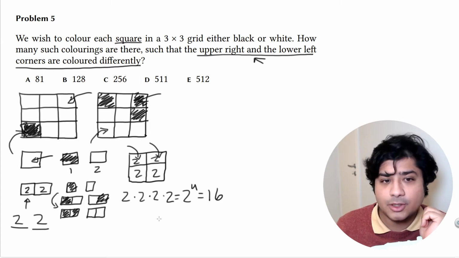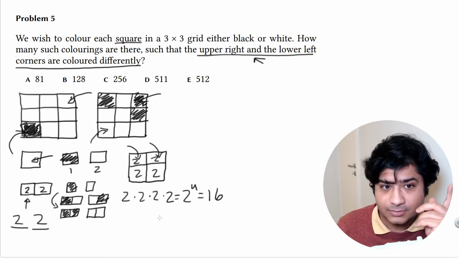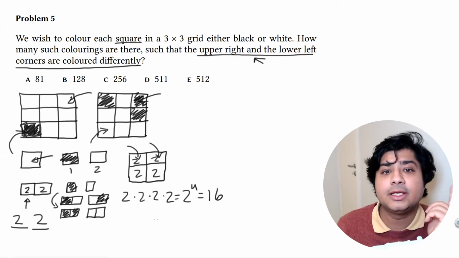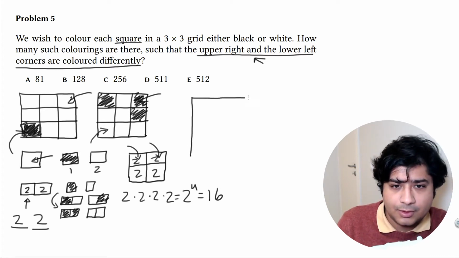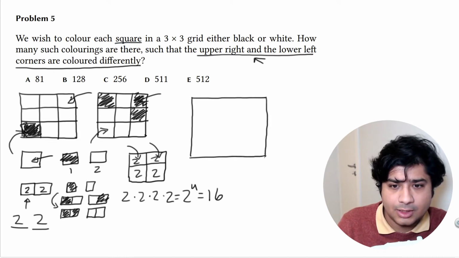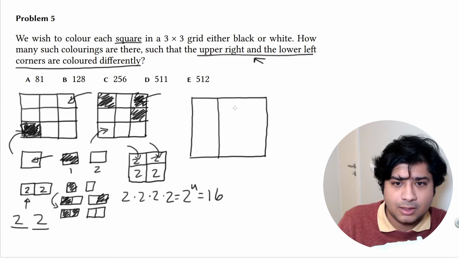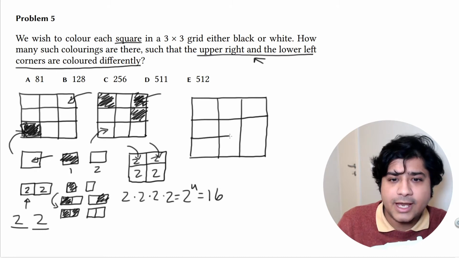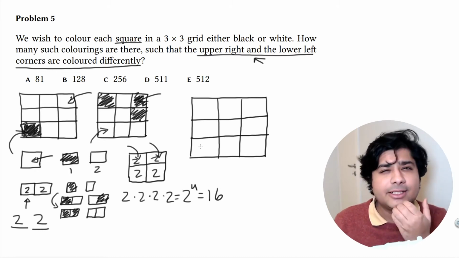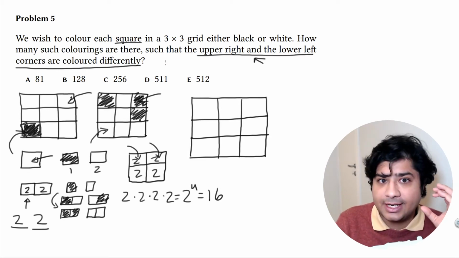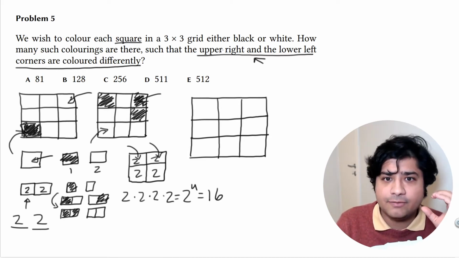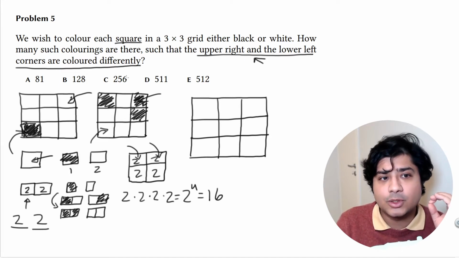Let's get back to our original problem with a 3 times 3 grid. Okay, now again, I don't want to get to the problem as it is right now. We still have this criteria of the upper left and the lower left corners being colored differently.